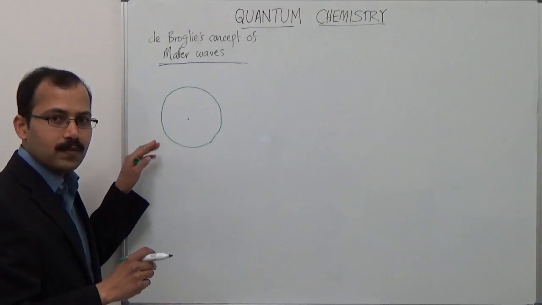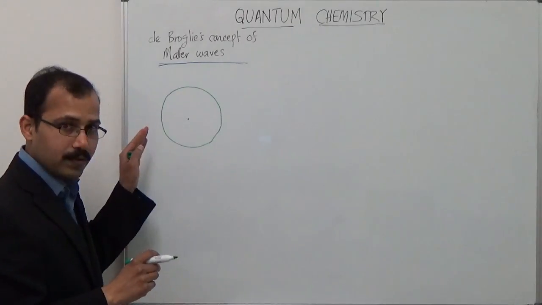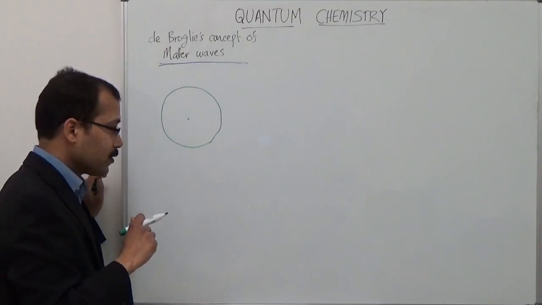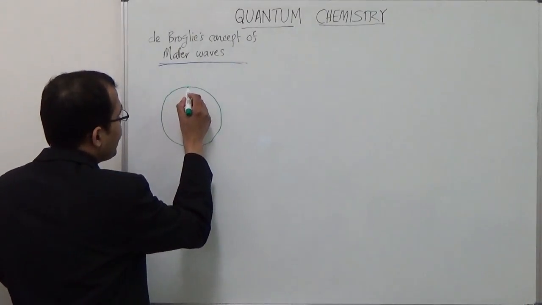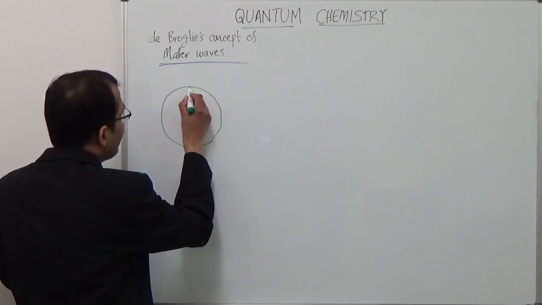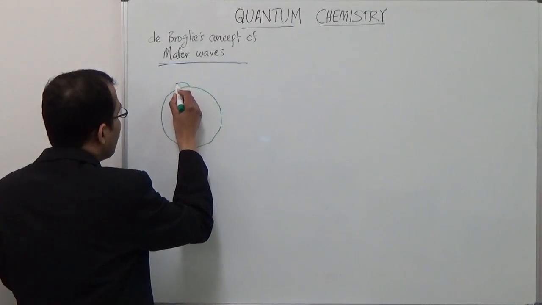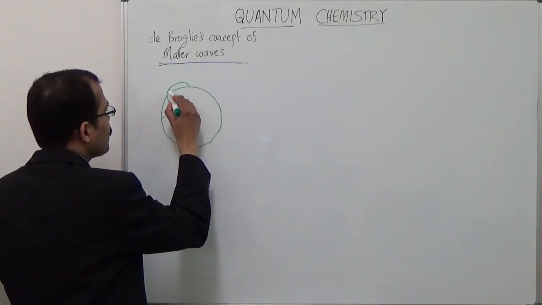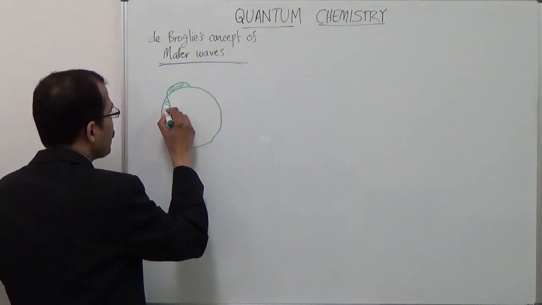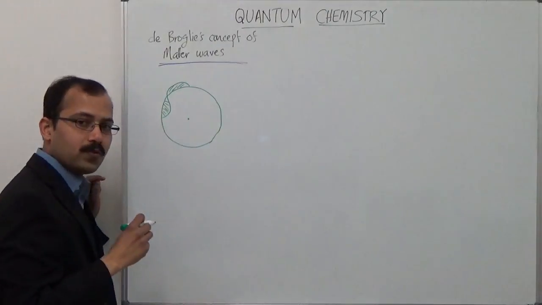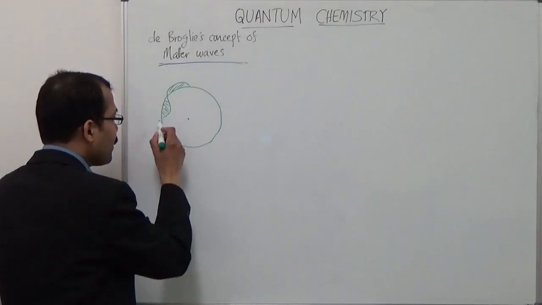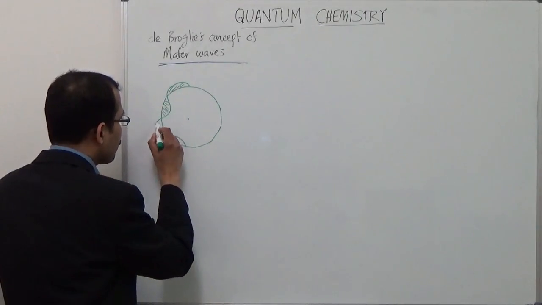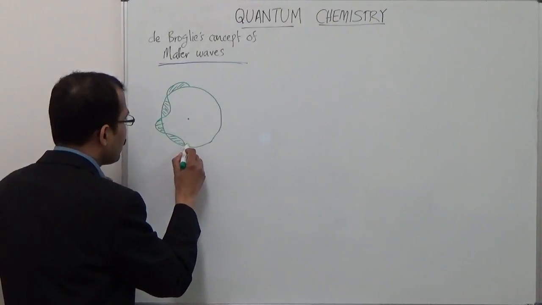Suppose this is the Bohr orbit and an electron wave exists in this orbit. We will construct an electron wave from here. See, this is the crest and this is the trough. So this constitutes a wavelength, and again comes crest and trough, and this is the second wavelength.